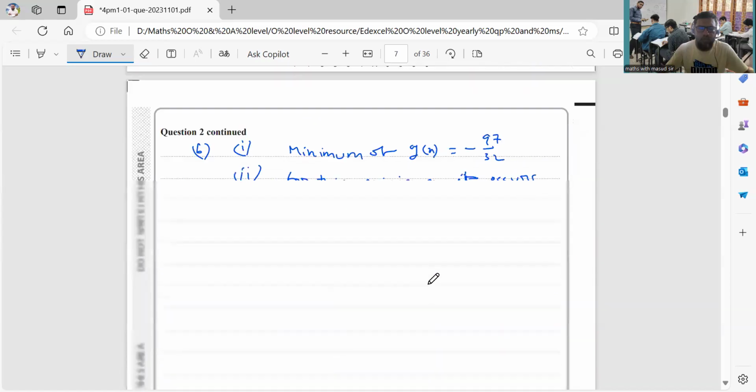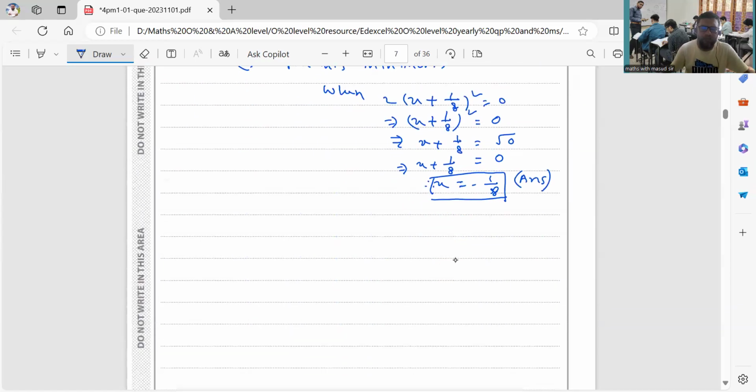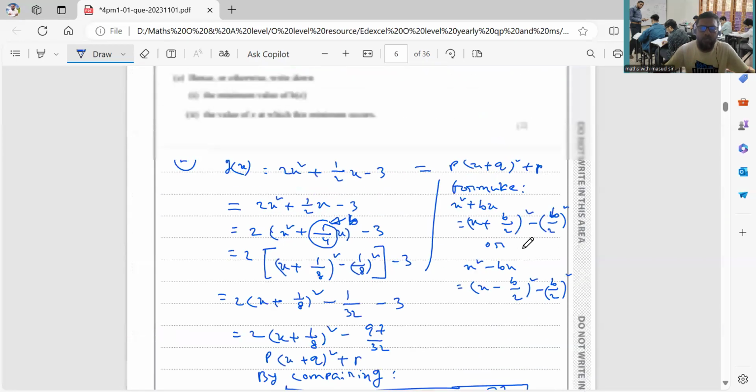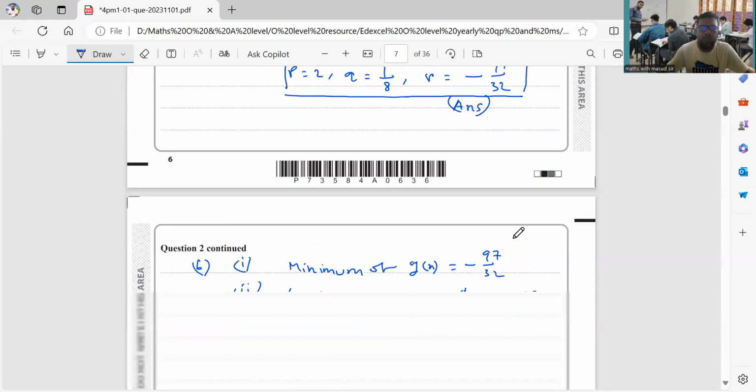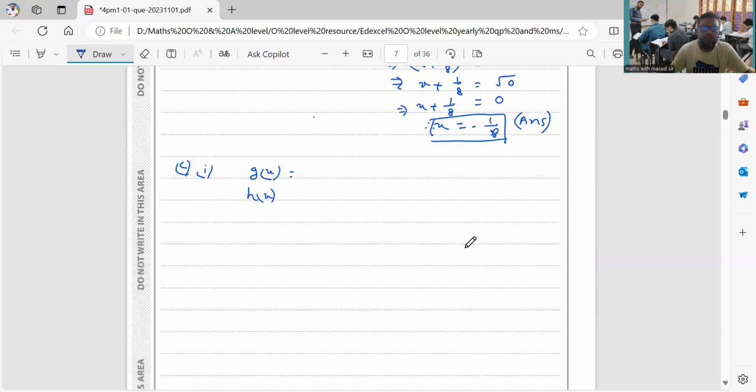So first I write C1. So g(x) and h(x), then you can compare the two. g(x) equals 2x squared plus half x minus 3, and h(x) is 2x to the power 6 plus 1 by 2 x cube minus 3.